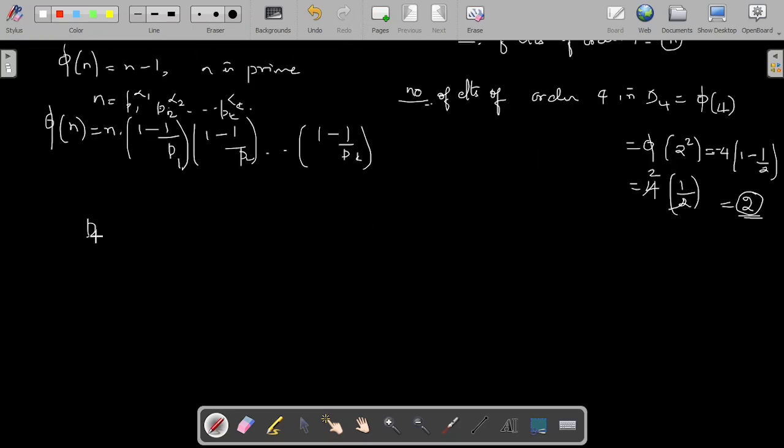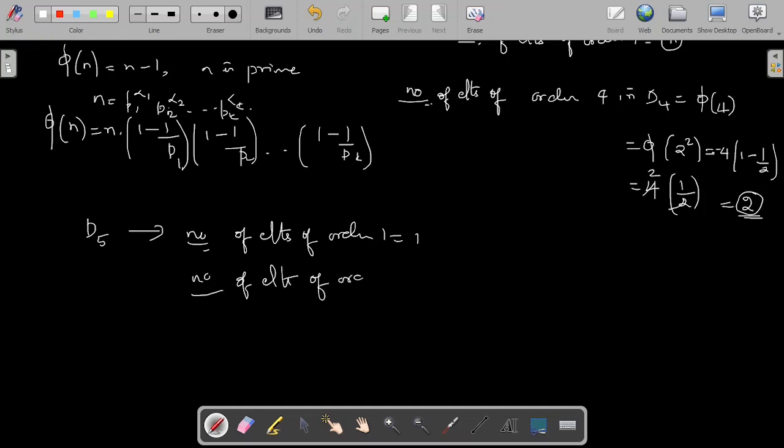Similarly, you can check for D5. The number of elements of order 1 is equal to 1. The number of elements of order 2 is always equal to, here 5 is odd, therefore 5; n if n is odd, n plus 1 if n is even. Orders 1 and 2 are always there.